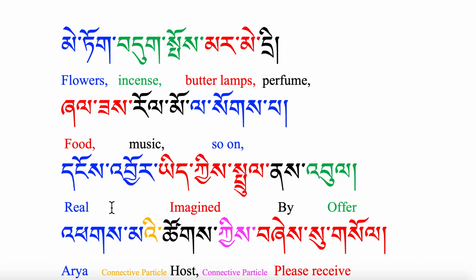These are actual offerings that you already have with you. But imagining is something that you don't have, and through your imagination you offer it. So that's why there are two kinds of offering: a real or actual offering, or an imagined offering. So there are two ways of offering.